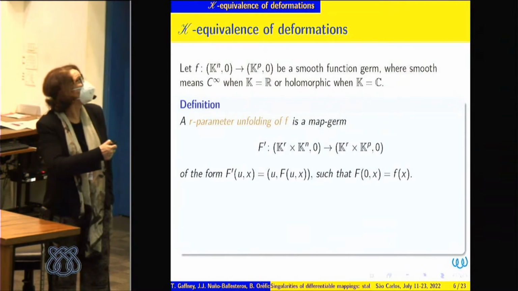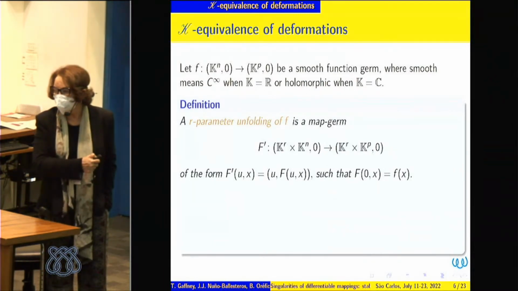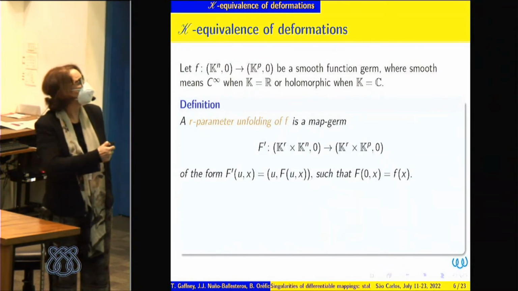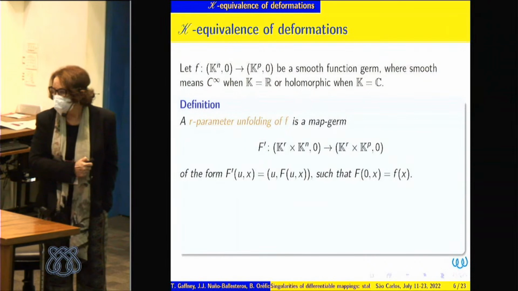So then, let f be a map germ from K^n to K^p at 0, and as I said, we can consider both K being R or C. When K is R, my germs are smooth, and when K is C, they are holomorphic.